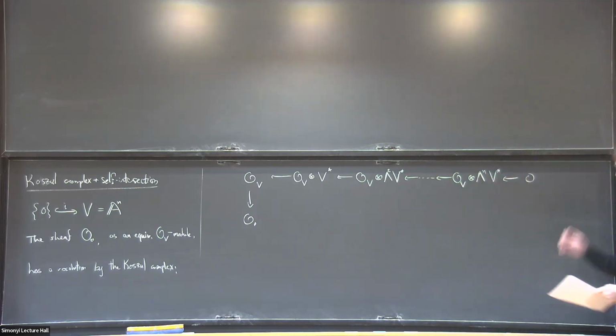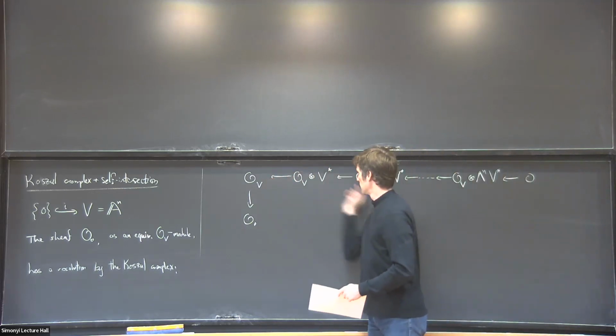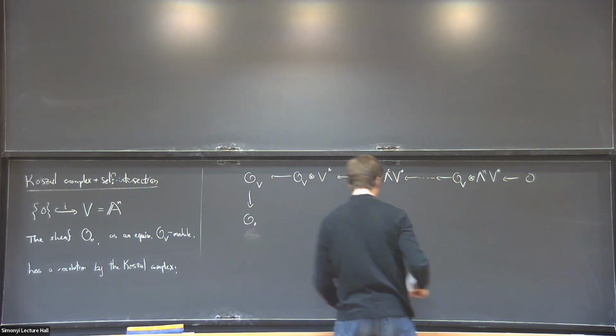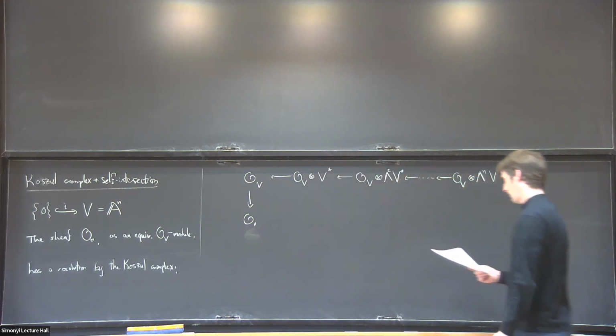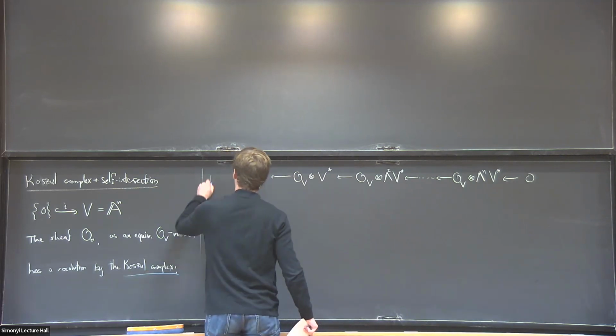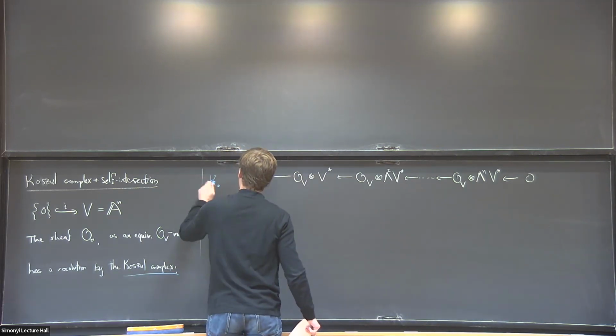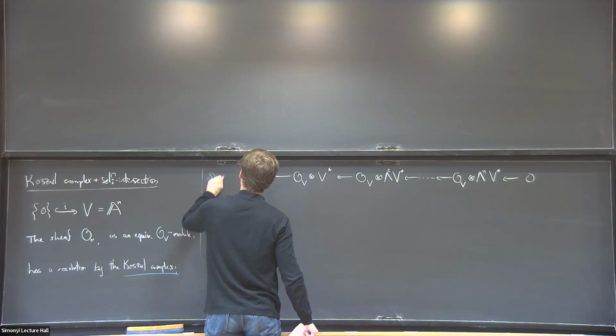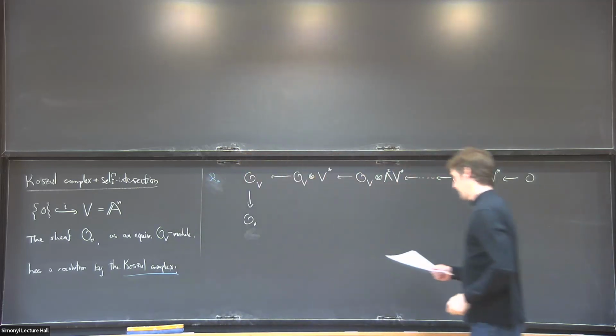And it's a basic fact that this whole sequence is exact, so it's resolving zero. So that's the Koszul complex. And I'll give it for now, I'm going to call it a little cap, because I want to refer to it at least once later.